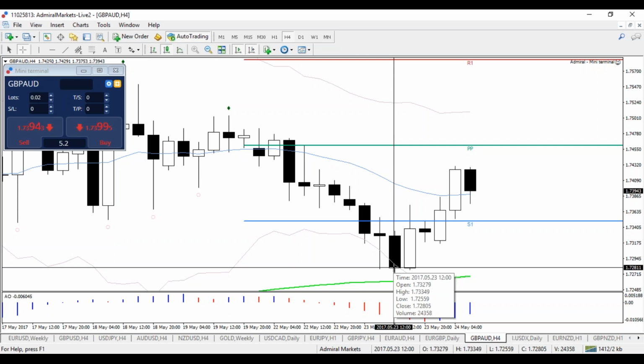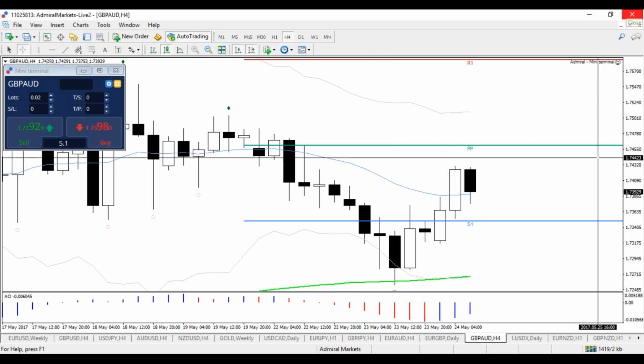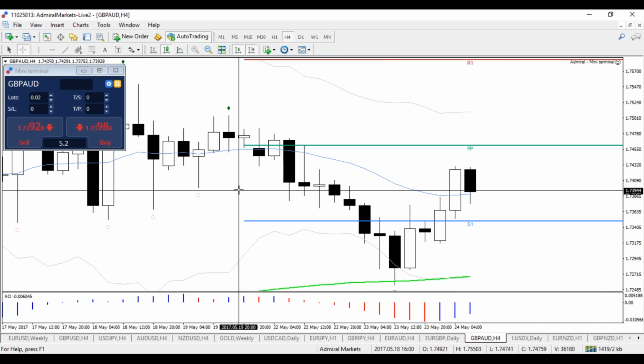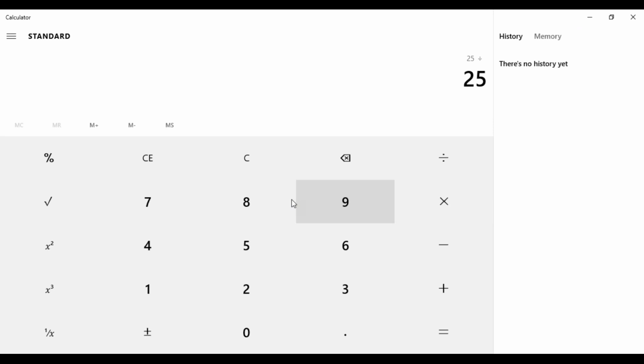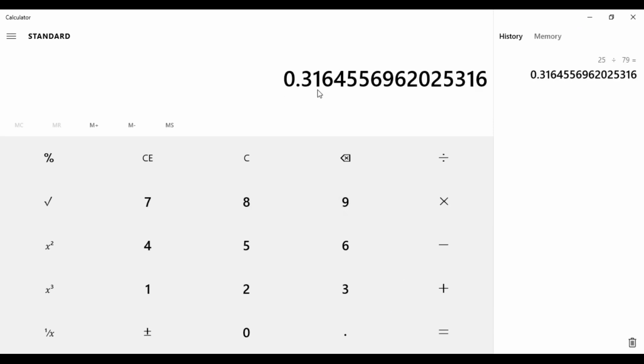Close is 75 pips away, so we can do that math very quickly with the calculator if you want. There we go. 31.6%. So it's in my gray zone.